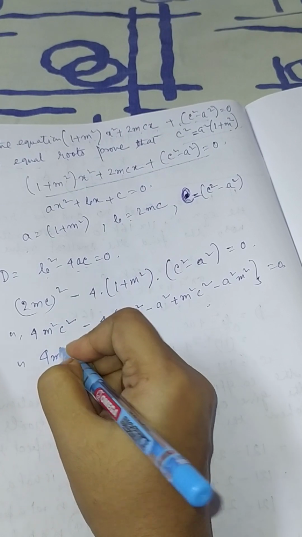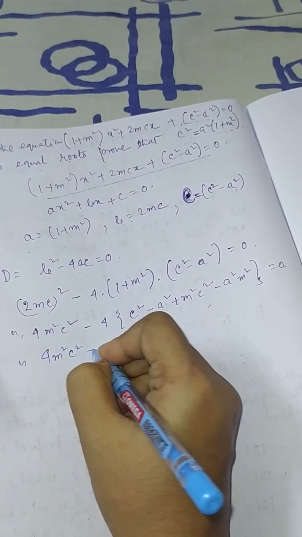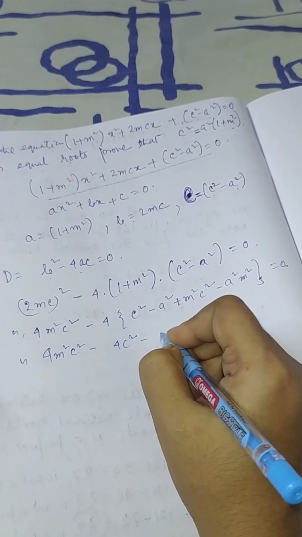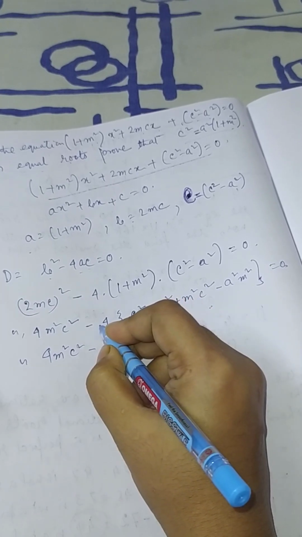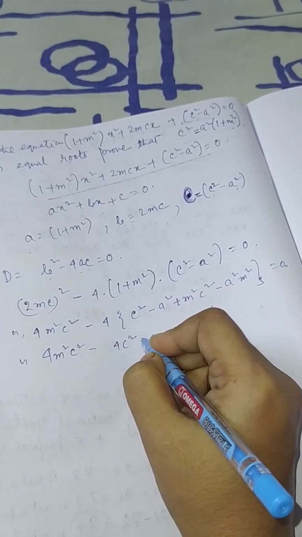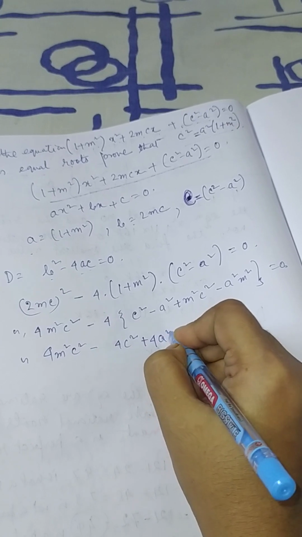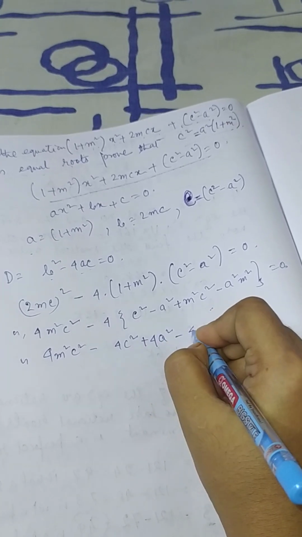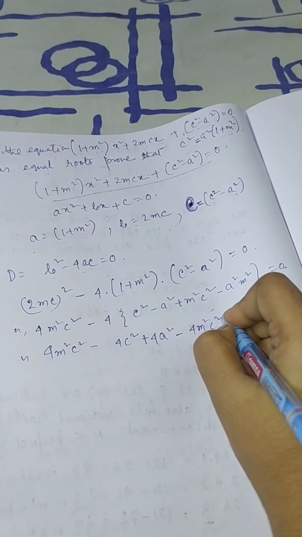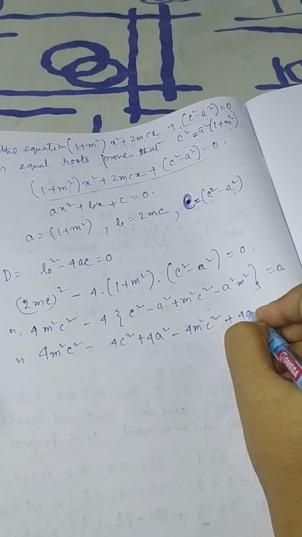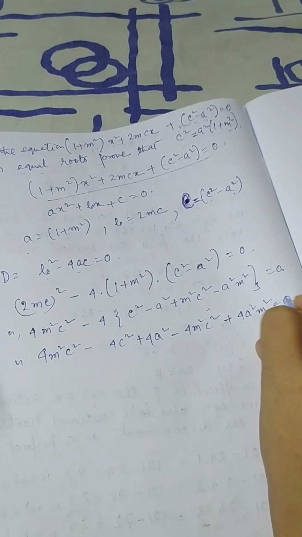Now 4m square c square minus 4 into minus a square, that means plus 4a square, minus 4m square c square plus 4a square m square is equal to 0.